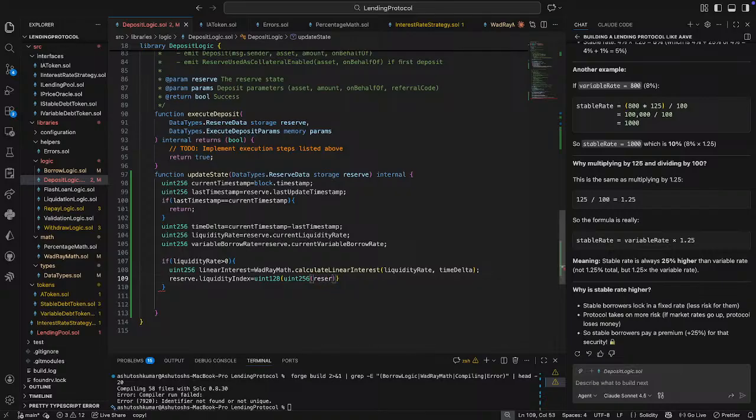Reserve dot liquidity index into what? Into linear interest.